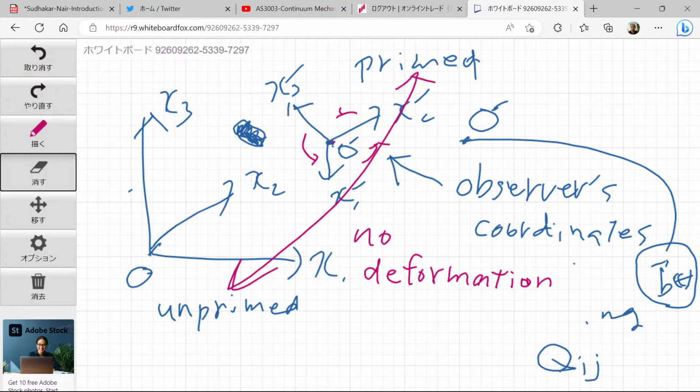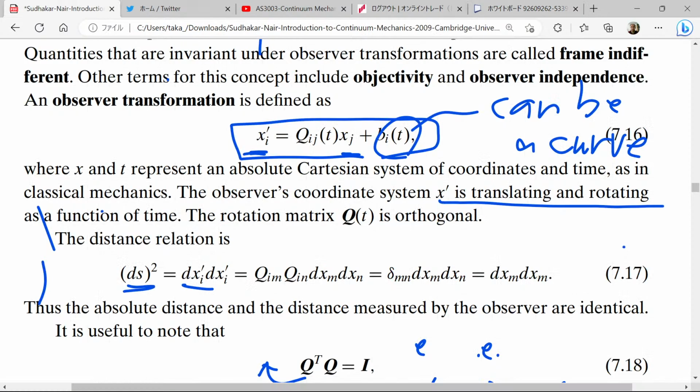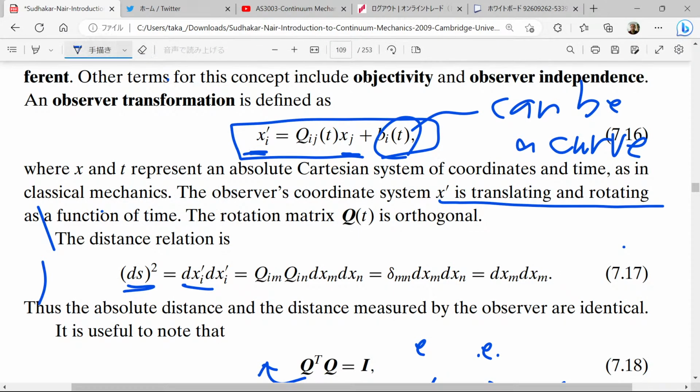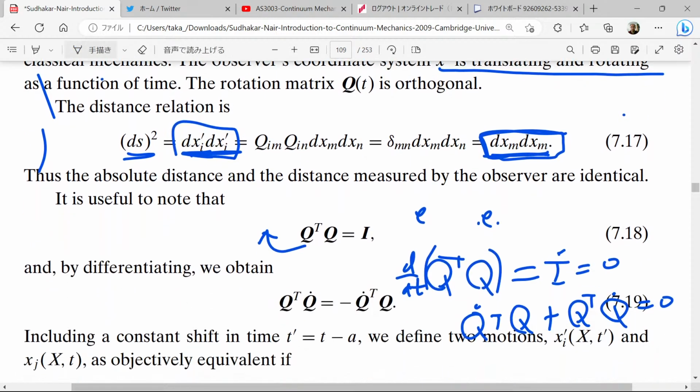There is a rotation and translation, and translation doesn't have to be linear. It can be a curved shape, so that this infinitesimal segment is preserved. The infinitesimal length or distance doesn't change between primed and unprimed coordinates.